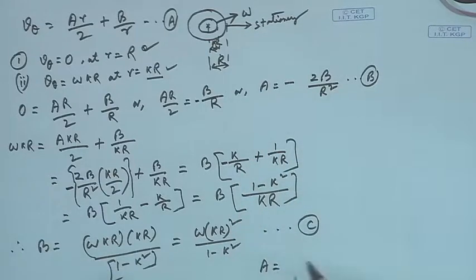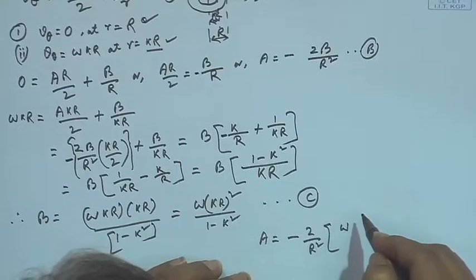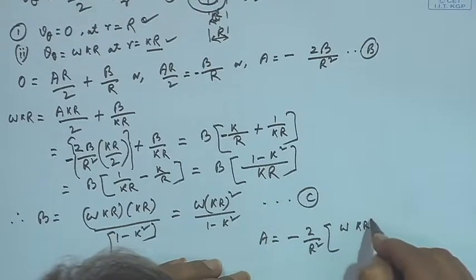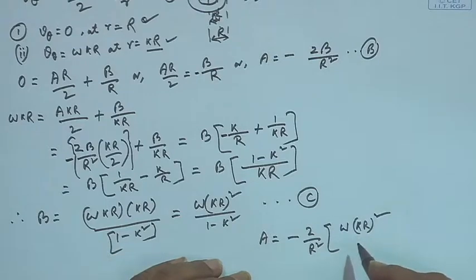A becomes equal to minus 2 by R square into this omega K R whole square divided by 1 minus K square, right?